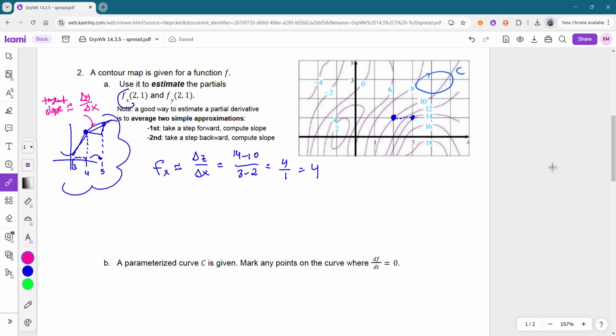Now if we take a step backwards, and it's a little bit fuzzy, but here our z value, if we want to be imprecise, which I do in this moment, looks like about 8. We could do 7.8 or something like that if we wanted to be a little more accurate.